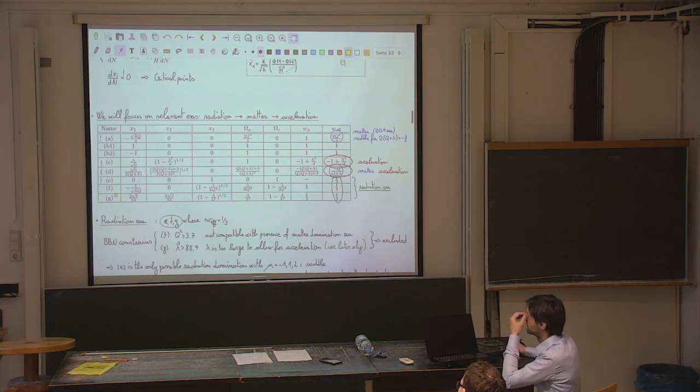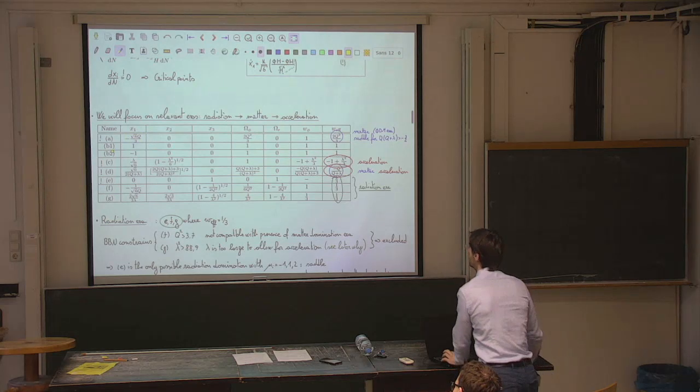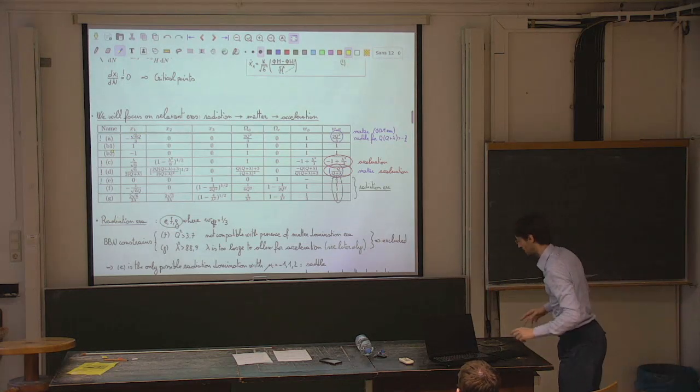And there are key differences with respect to the case of radiation without coupling between dark energy and dark matter, appearing just here. If we take the first three, A, B1, and B2, look at the value of X2 and X3.